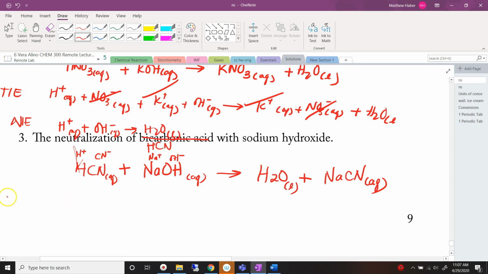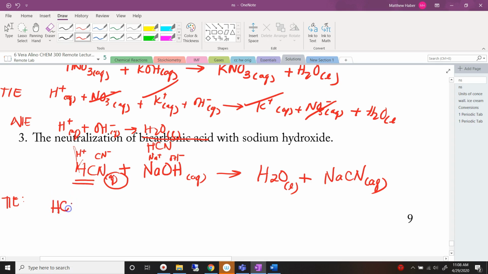Okay, so if we're asked to write the total ionic equation, be very careful now, because not all acids, even if it has an AQ, will completely dissociate in water. And remember, there's only 7 acids that can break apart into ions. And so for hydrocyanic acid, you don't break that apart.